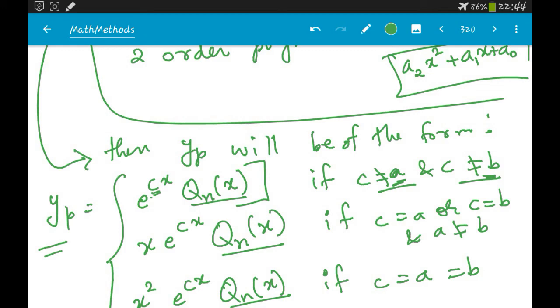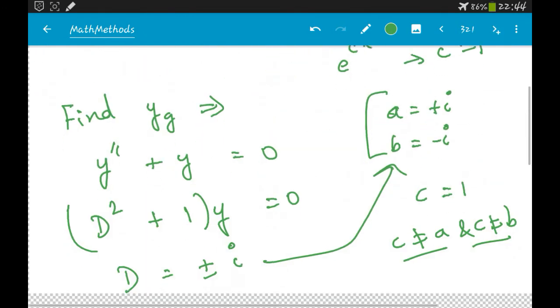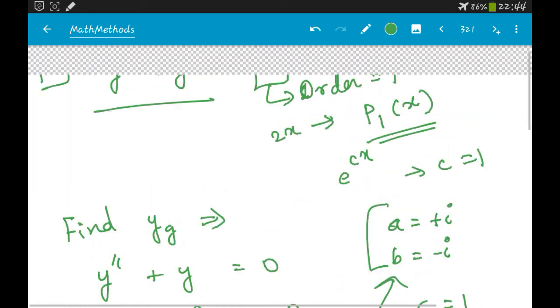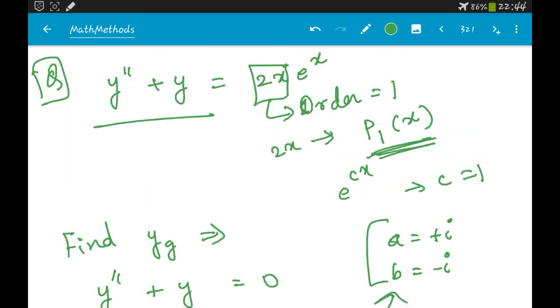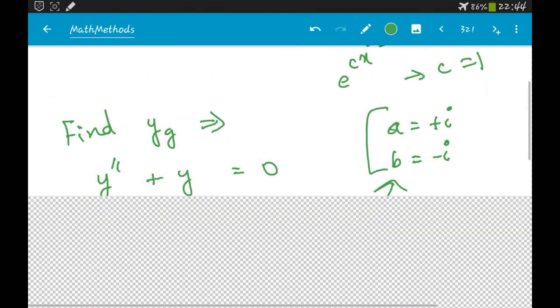But what is Qn? Because we started with P1 of x, a polynomial of first order, we will also get something which is a polynomial of first order. So we will get a Q1 of x.